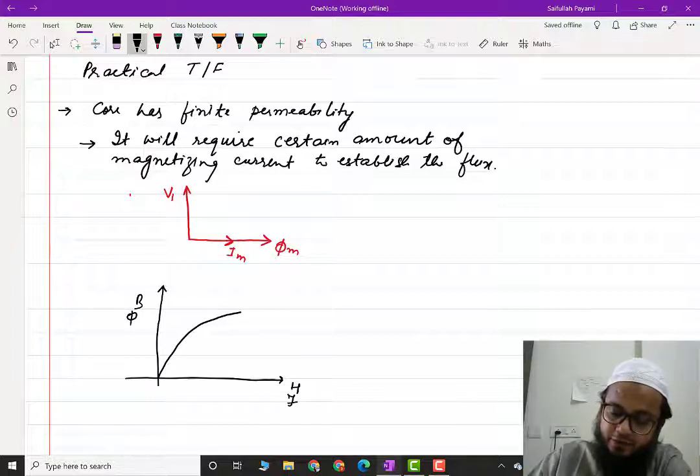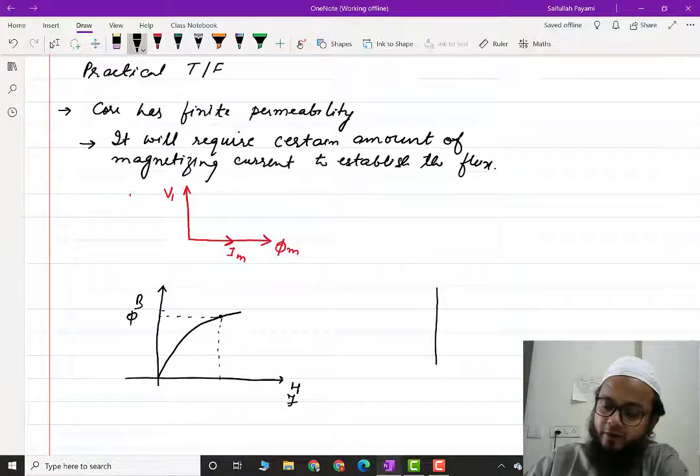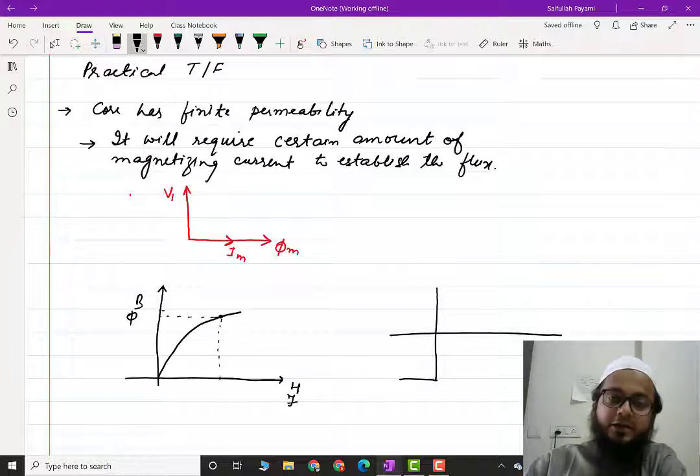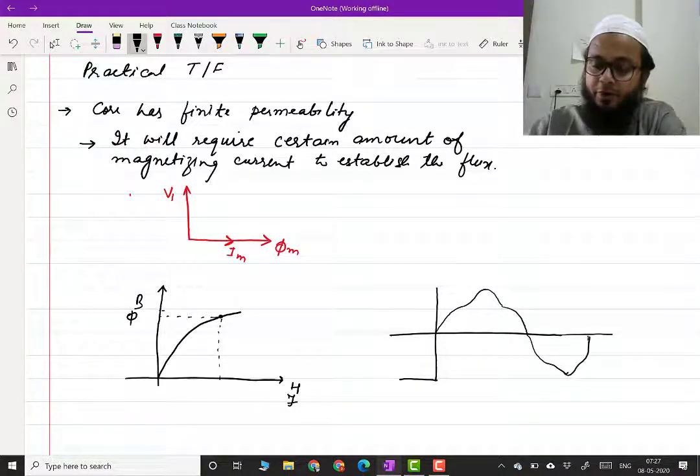So if I draw the Im here, it won't be exactly sinusoidal because at the knee point the current Im would be somewhat peaky, so it has some harmonic component in it.